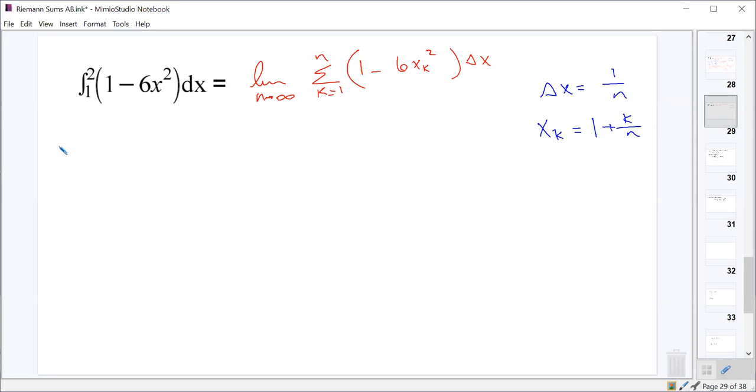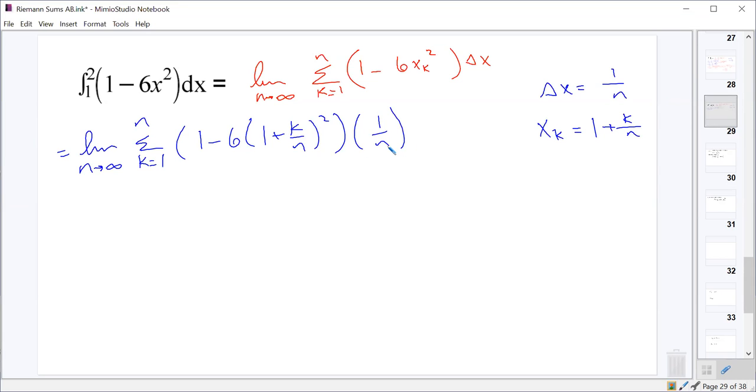And so we'll just plug all that in. And this time the algebra is going to be a little bit of a pain, but it could be worse. 1 minus 6 times x sub k squared times 1 over n. And let's see if we can do this in only a couple of steps to simplify.